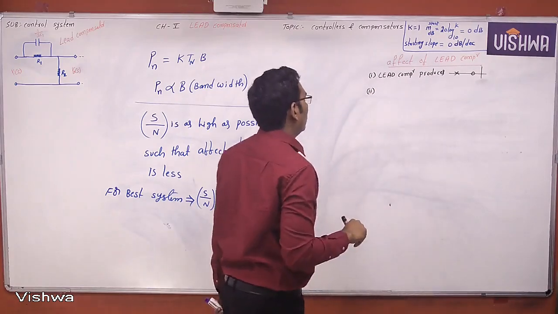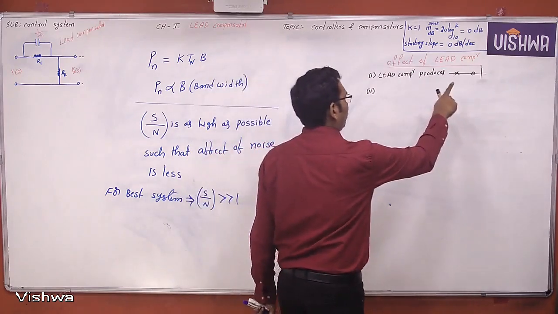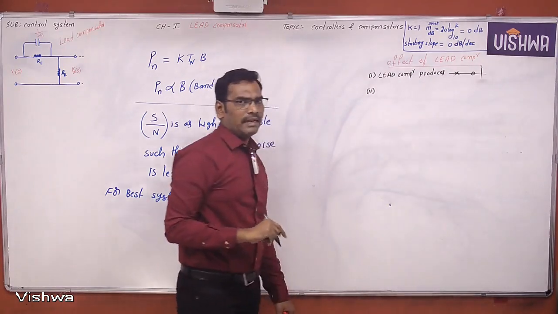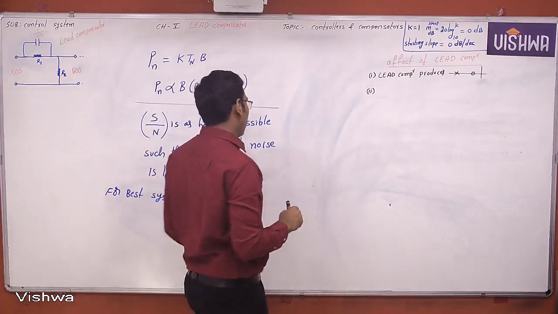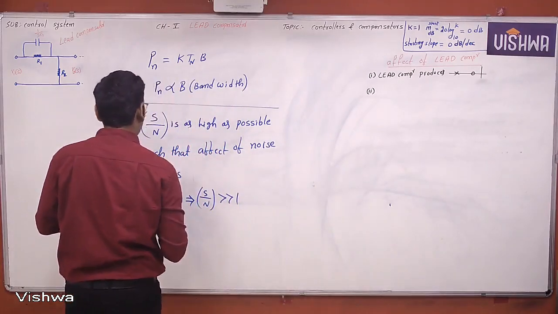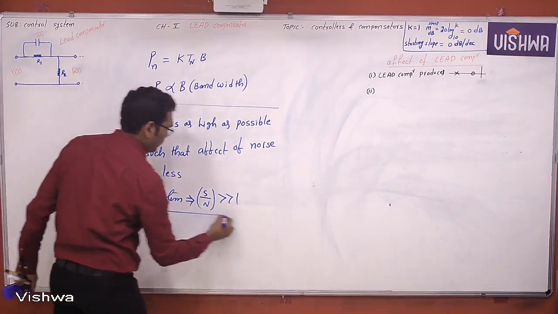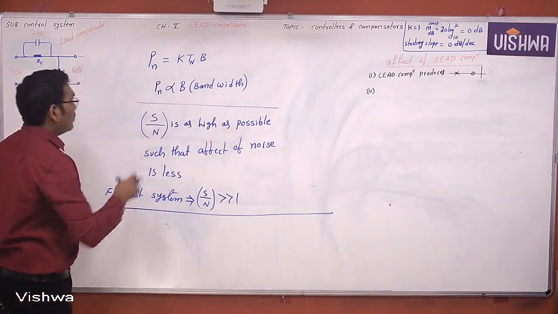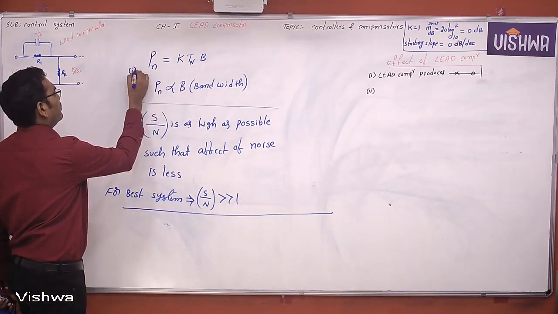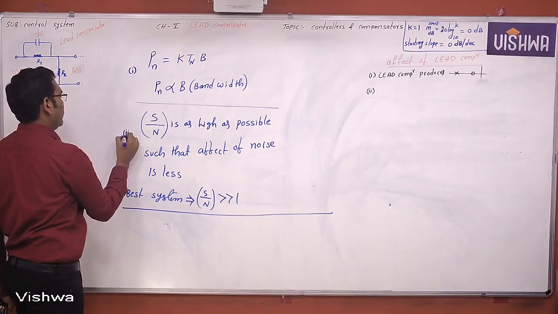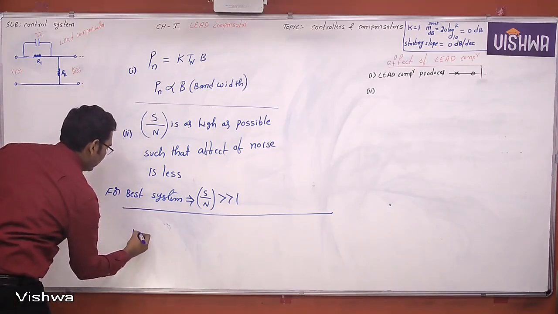Now see here, the lead compensator produces a finite pole and a finite zero in the left hand side of S-plane. And here one more parameter you can easily identify. This is the first point, this is the second point, and this is the third point.